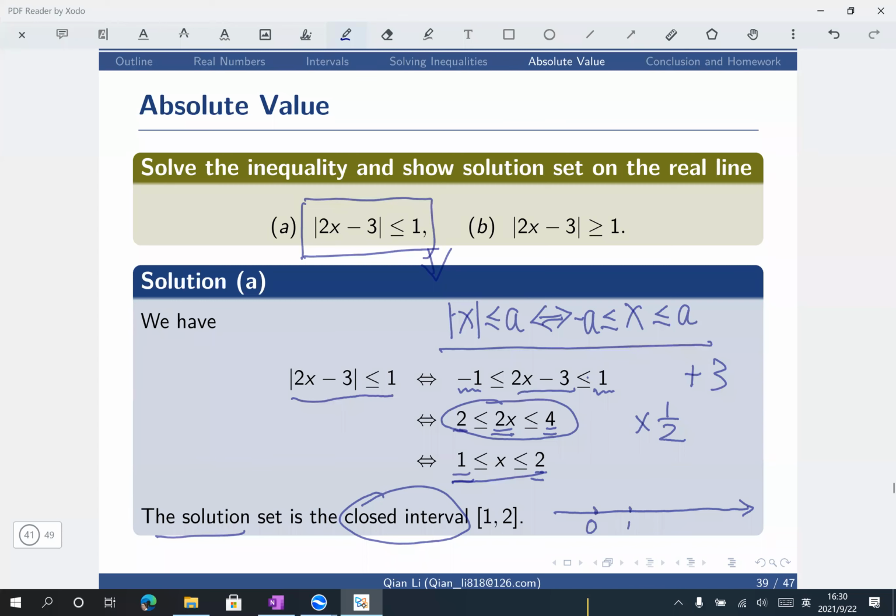Then 1 and 2 are positive numbers, so they will be on the right of 0. 1 and 2 are the solution of this inequality, so we need to draw a solid dot on them, because the interval is closed. All the numbers between these are solutions, so we draw a line between them. So the solution is like this.